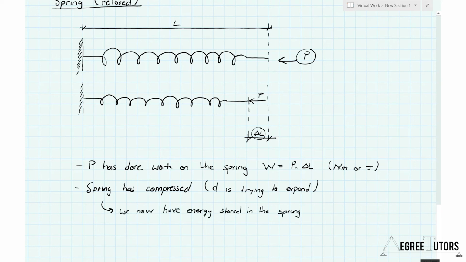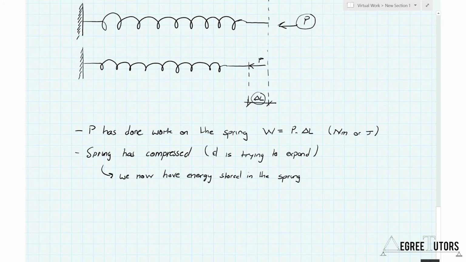All right, so in work energy terms, which is what we started out with, we would say that the work done by P on the spring has been transferred into stored potential energy in the spring. Okay, so now we're bringing back all of these terms that we were defining previously. So let's state that again. P has done work on the spring because it has moved through a distance delta L, so force times distance equals work.